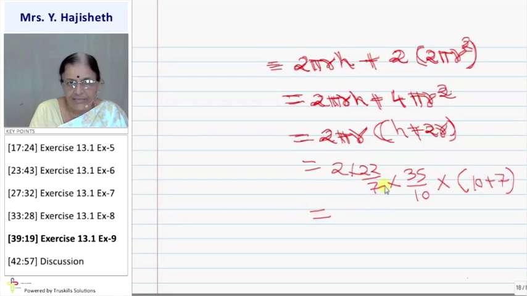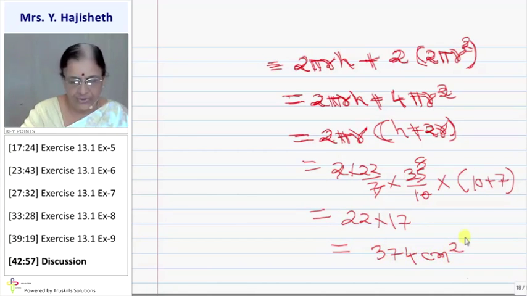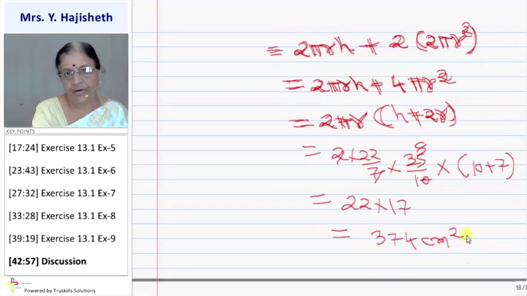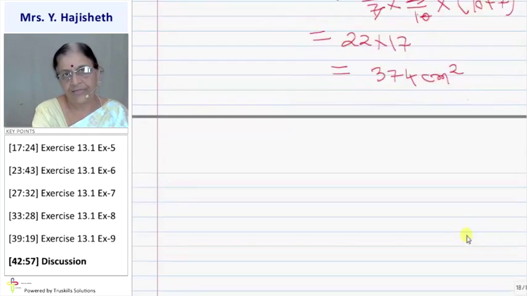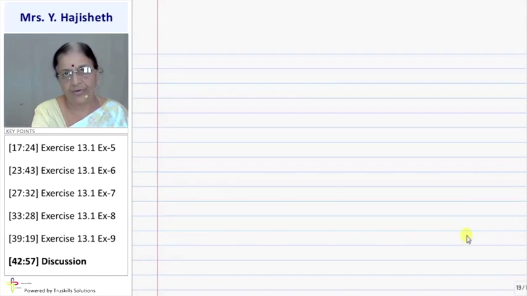So it is a 7, 5 जा 5 और 2 10 के साथ गया. It is 22 into 17 and answer is 374 centimeter square. Clear? So that completes your 3.1. First exercise based on surface area of combined solid figure. Clear?